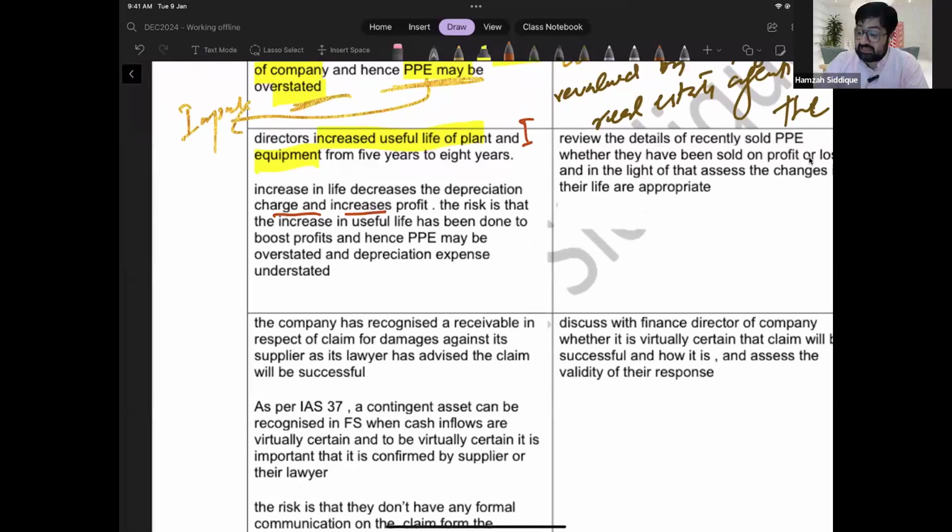The issue is being explained. How is the risk arising? The risk is that the change has been done to boost profits. And hence property, plant and equipment may be overstated and depreciation understated. So, the issue, how the risk is arising, and the impact.